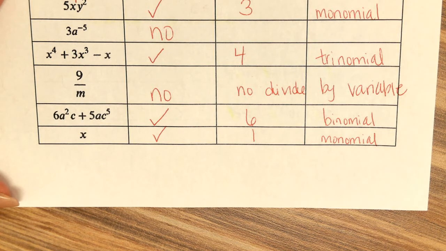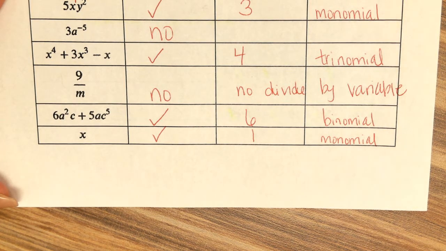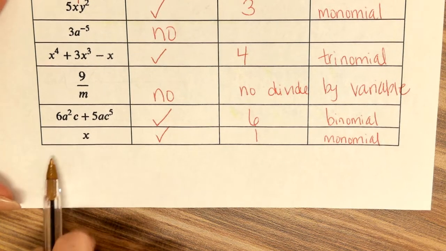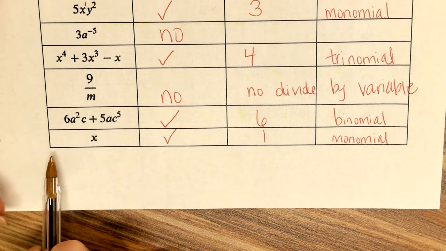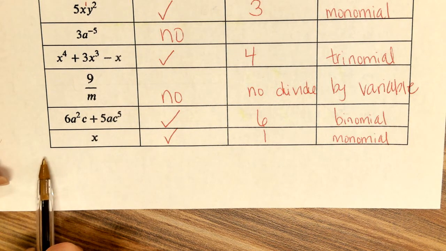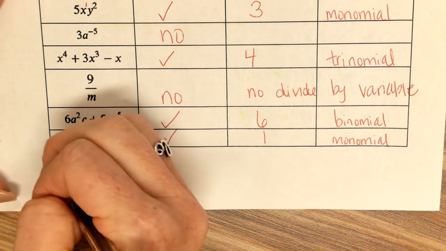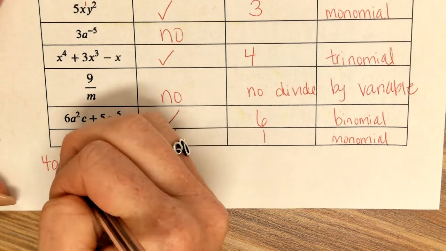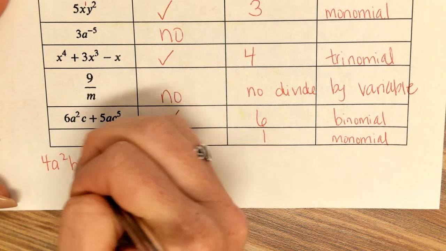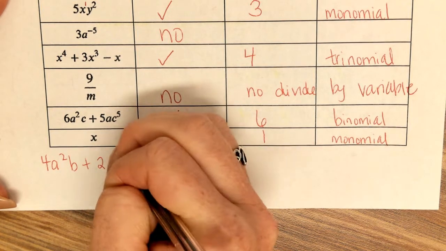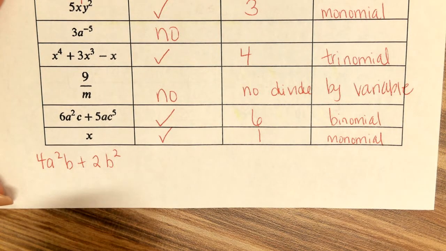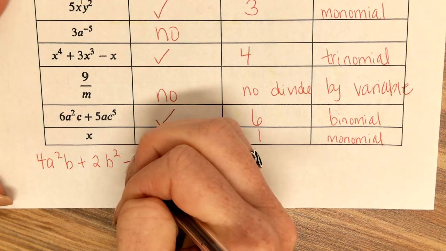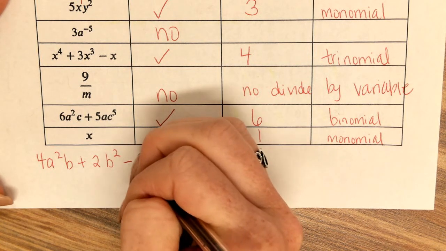I'm going to give you all one more example that might confuse you on your assignment. Are y'all ready? Okay, the last one. Just write it yourself. Let's do 4a squared b plus 2b squared minus a squared b.